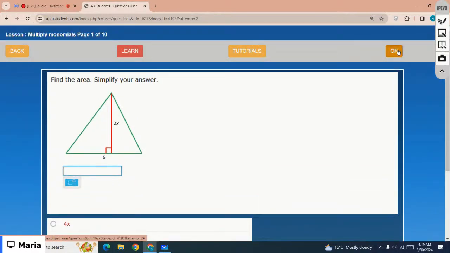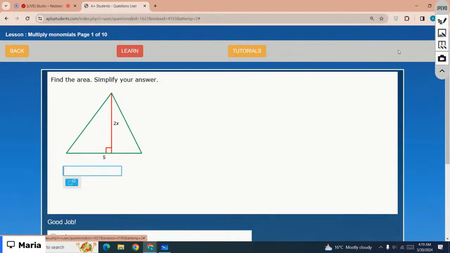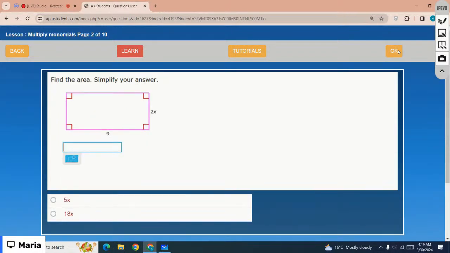Okay, the next one is find the area. You are given a rectangle, you need to find the area of the rectangle. So just recall all the formulas you used to calculate these.